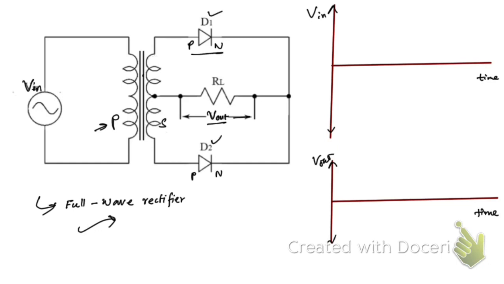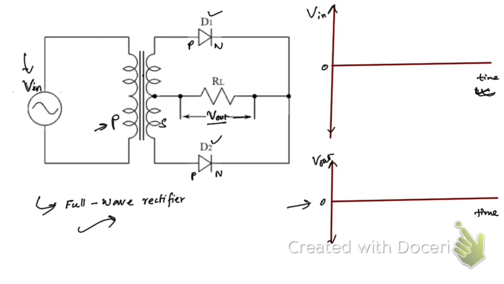These are PN junction diodes. Here is the input voltage V in, and here we have the output voltage V out, with the input voltage versus time graph and the output voltage versus time graph. Okay, so now let's start.